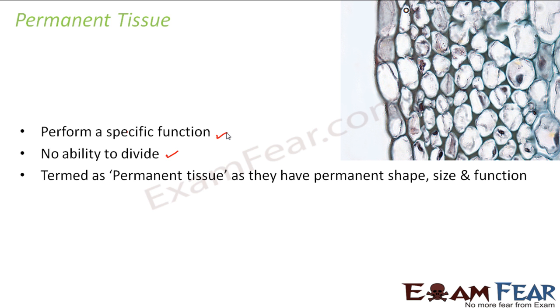So Ram has been assigned the job of looking at the cultural activity, and it is his permanent job. Anytime there is a function at school, maybe annual day, Teachers' Day or farewell, his job is always to look after the cultural events. So he has a specific function to perform every time. Similarly, these permanent tissues also have a permanent function. They have a permanent shape and size, and that is why they are known as permanent tissue.